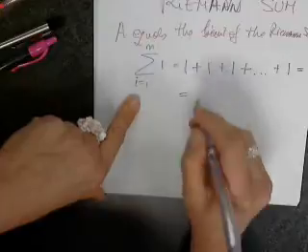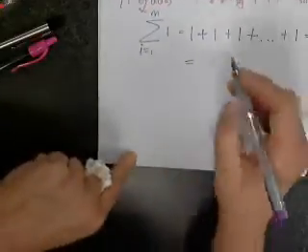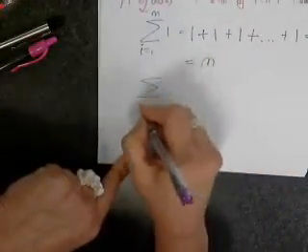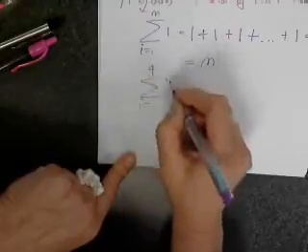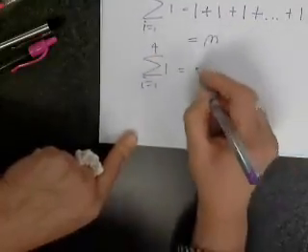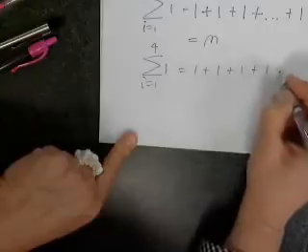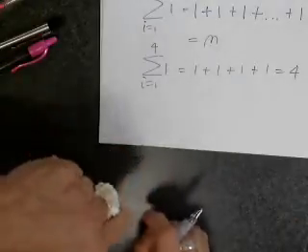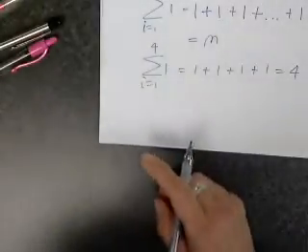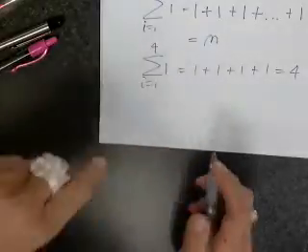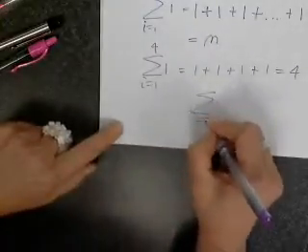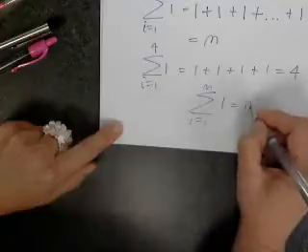So what would this be equal to for sure? n. Very good. Because the sum from i equals 1 through 4 of 1 will be 1 plus 1 plus 1 plus 1, which is 4. We are going to use this result, so please remember it. The sum from i equals 1 through n of 1 is n.